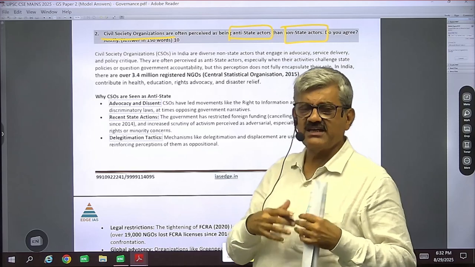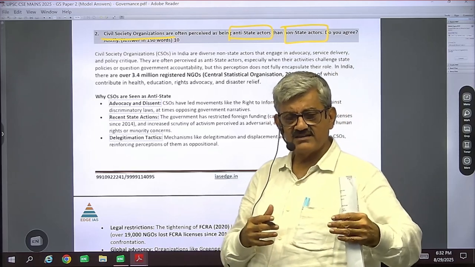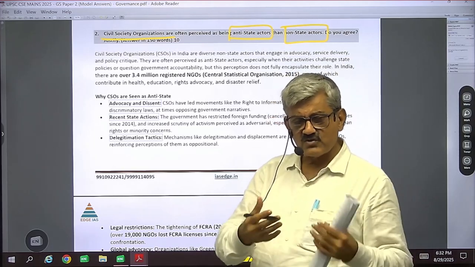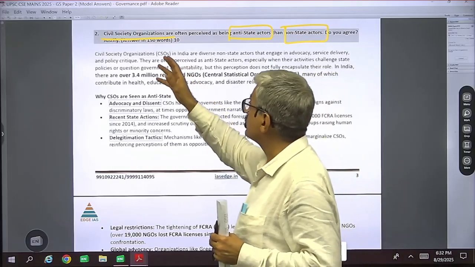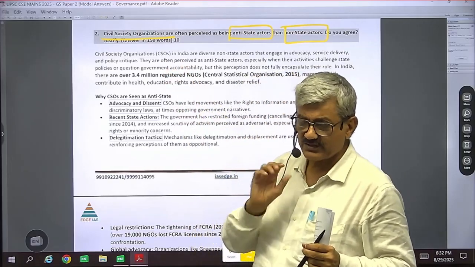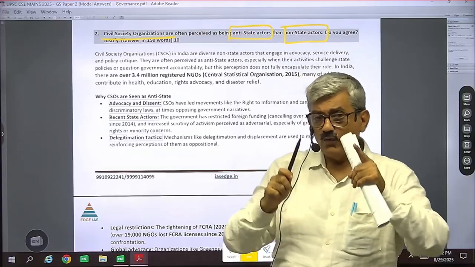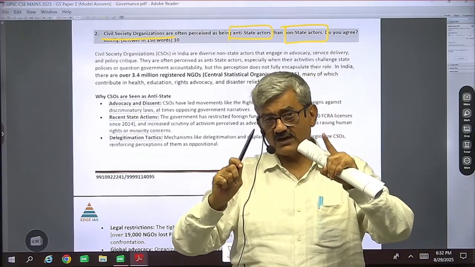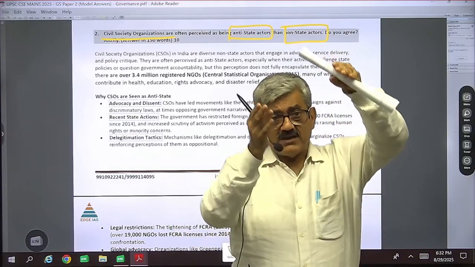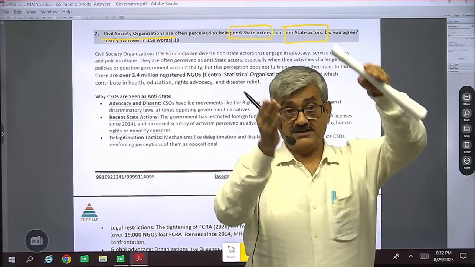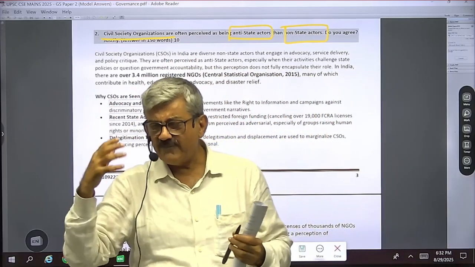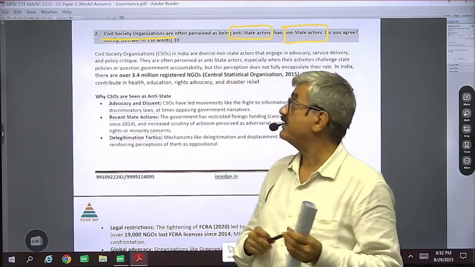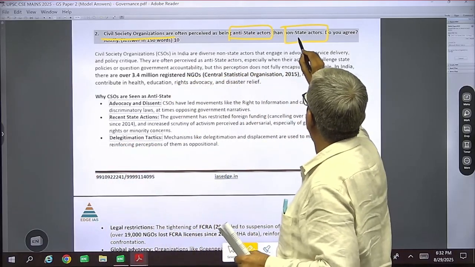Government sharing, parting ways, going for some sort of input in terms of privatization, the role of civil society organizations has come to stay. Now, the question is whether these civil society organizations should be treated as anti-state actors or non-state actors. Till now, we have somehow been treating them as non-state actors.